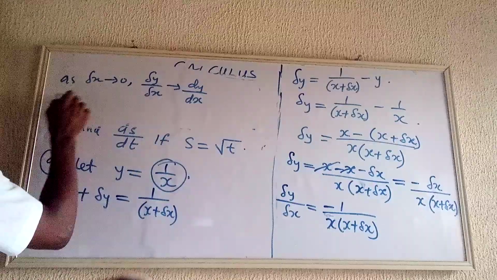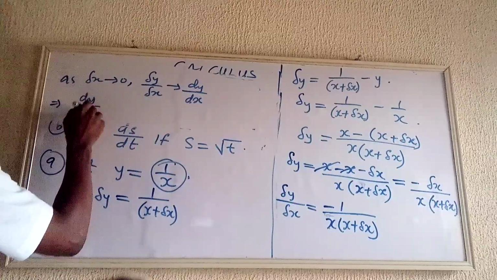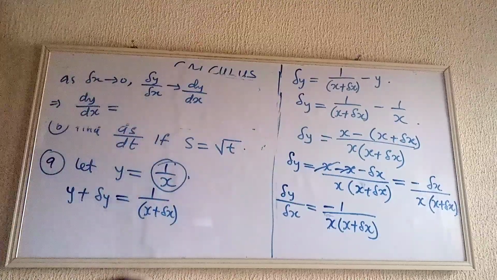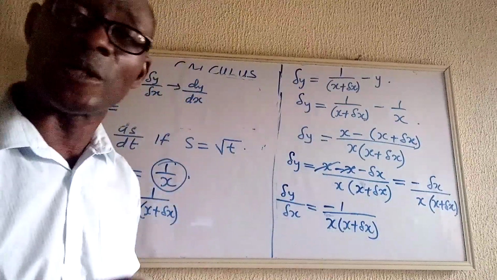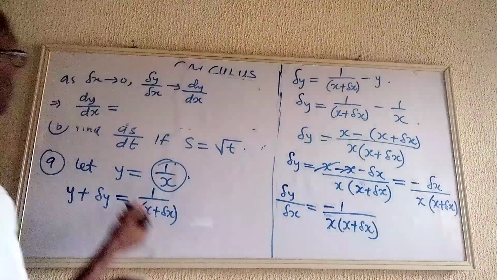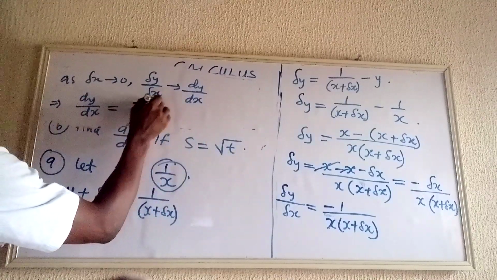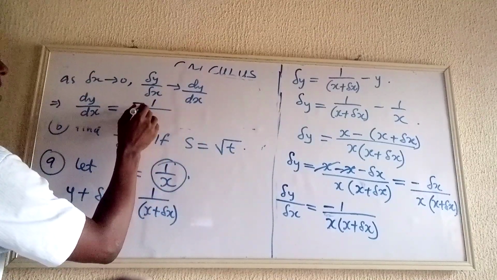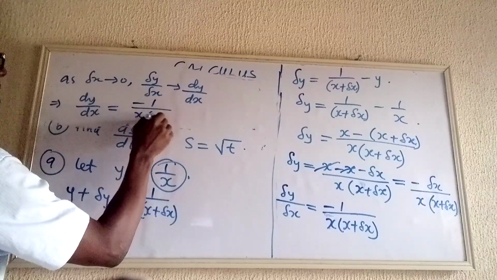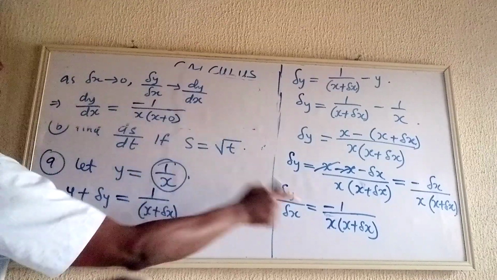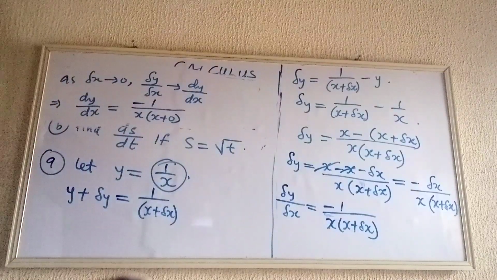So that implies that dy/dx equals, it means anywhere I see delta x, I'm going to put 0 there. So that will be minus 1 over x into bracket x plus 0, because delta x is being replaced with 0 there.